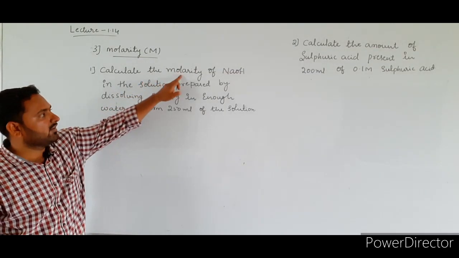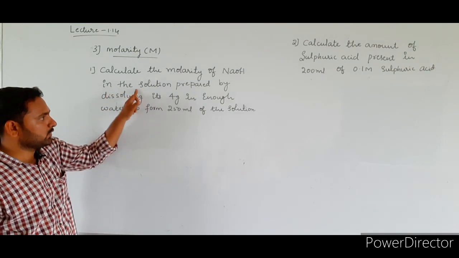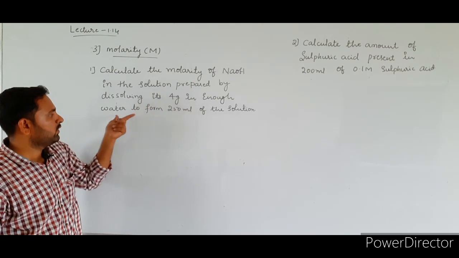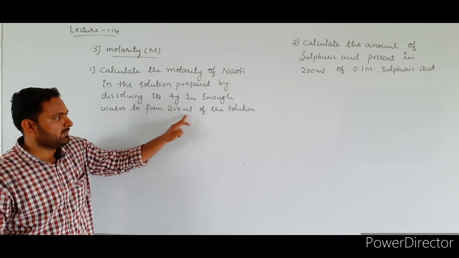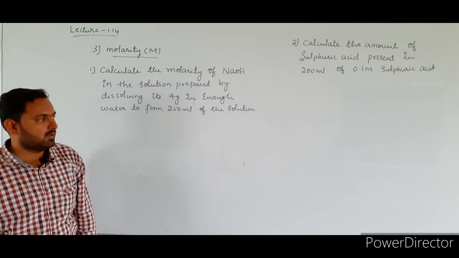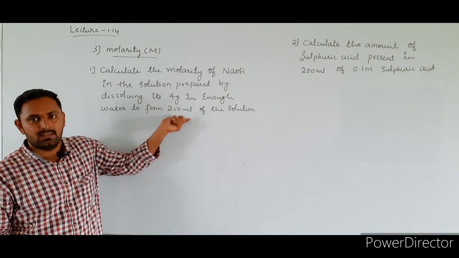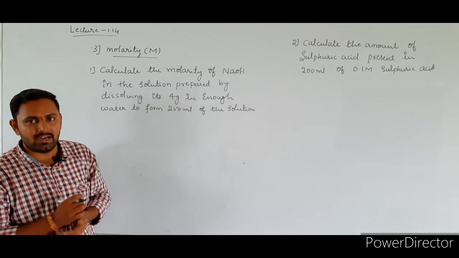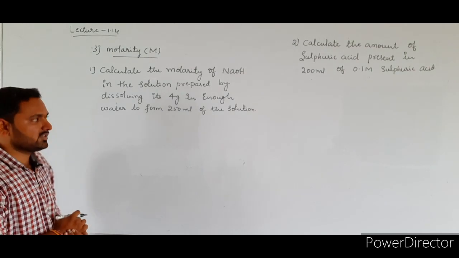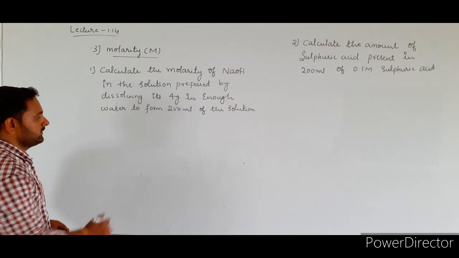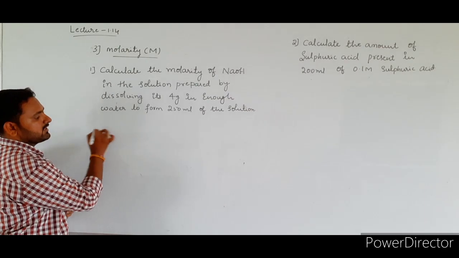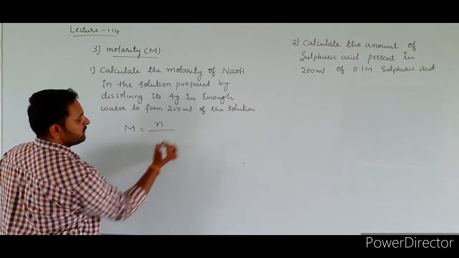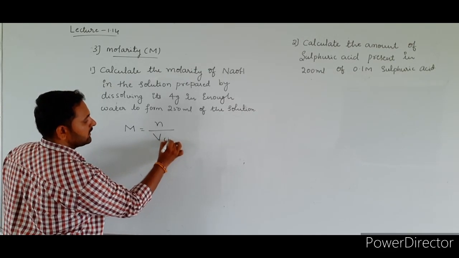Calculate the molarity of sodium hydroxide in the solution prepared by dissolving its 4 gram in enough water to form 250 ml of the solution. Here the volume of solution is given in ml and the mass of solute is given in grams. Which mathematical expression do we use to calculate molarity? Molarity is equal to number of moles divided by volume of solution in liter.